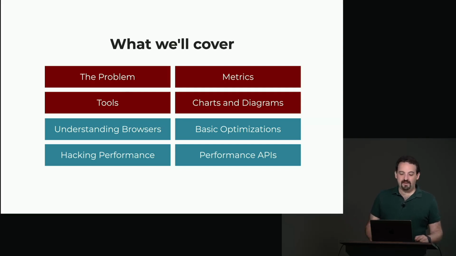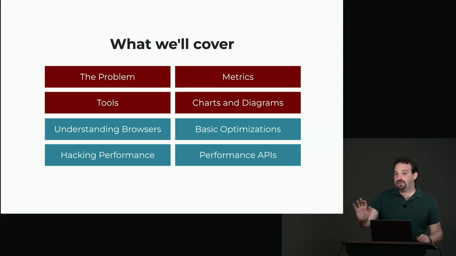Charts and diagrams. Then we will get into understanding browsers, because we will get advanced in this course. That means that we need to understand how browsers work, to understand why we are going to apply some techniques. Even if it's an advanced training, we will go over the basic ideas and basic optimizations first.